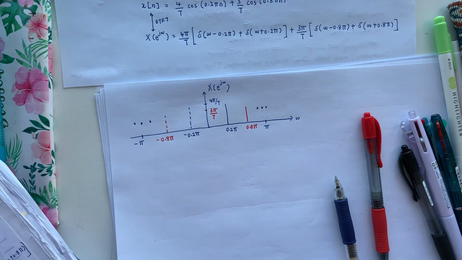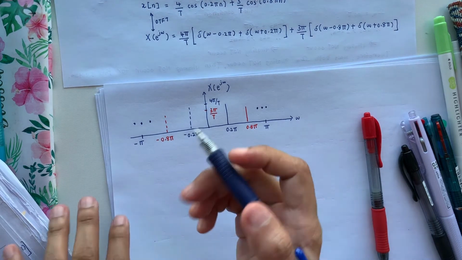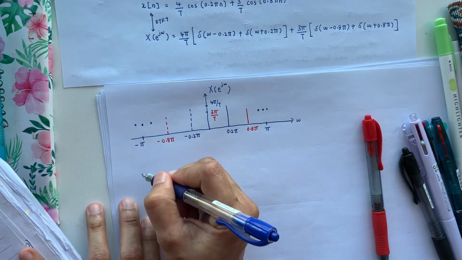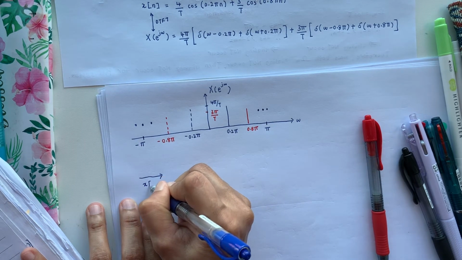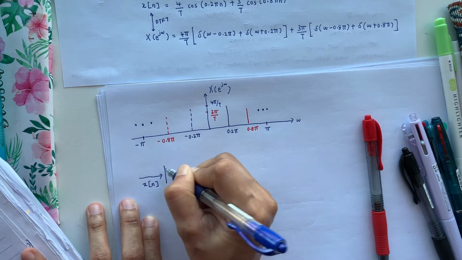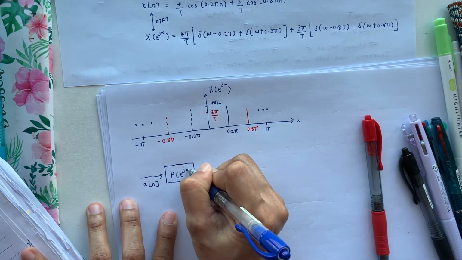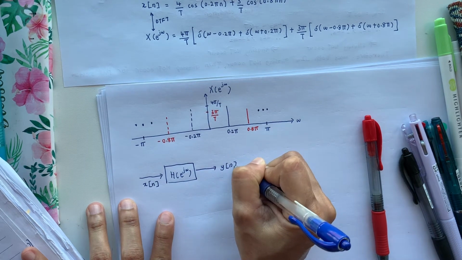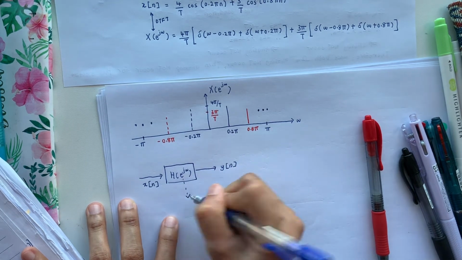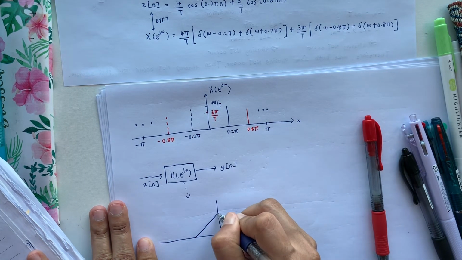So what happened to your y[n]? If you look at your question, we have s[n] going through H(e^jω) to produce y[n]. But this time around, your H(e^jω) is a low pass filter.